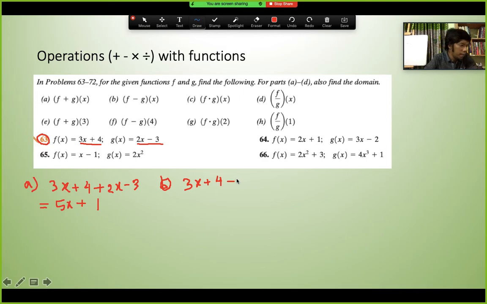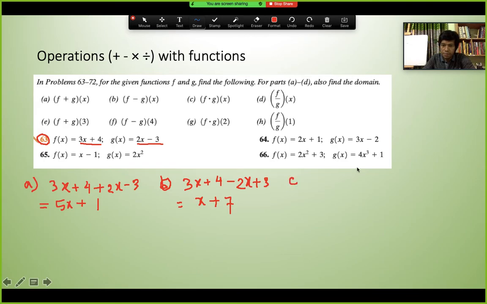So it will become minus 2x plus 3. Ultimately what we get here is 3x minus 2x, which is x, and 4 plus 3 is 7. And of course the domain is all real numbers here as well.